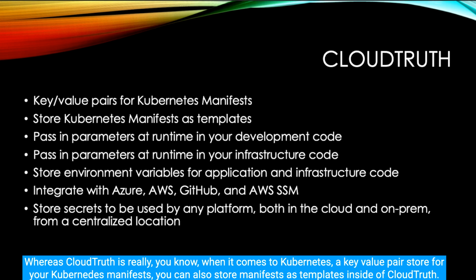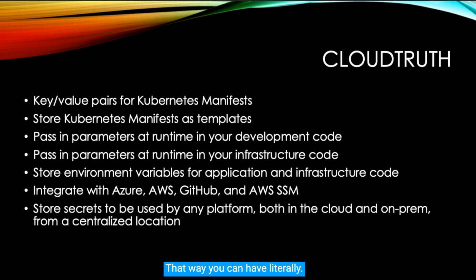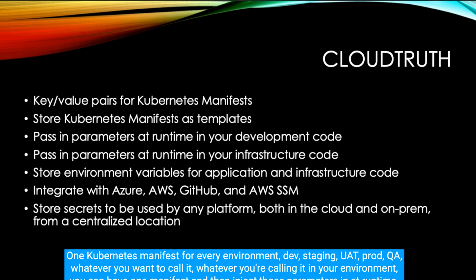You can also store manifests as templates inside of CloudTruth. That way, you can have literally one Kubernetes manifest for every environment: dev, staging, UAT, prod, QA, whatever you're calling it in your environment. You can have one manifest and then inject those parameters in at runtime.